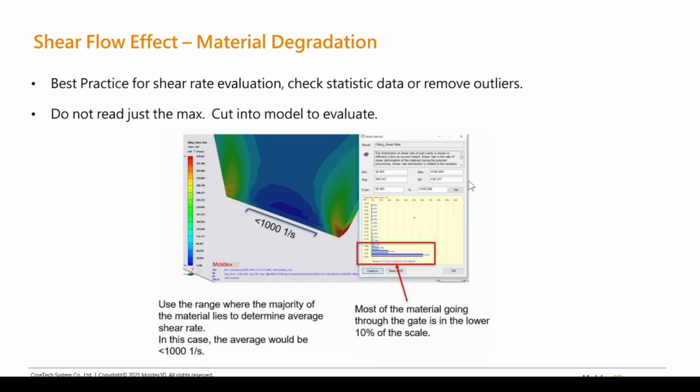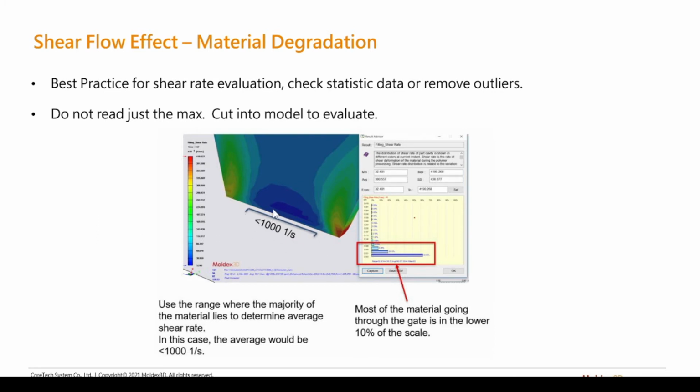But really, what ends up happening is, in most situations, the highest shear rate is actually just towards the sides of the gate, which only a small percentage of the material actually experiences across the thickness of the gate. So really, in this region here, we have about 1,000 inverse seconds. This is a different case than the previous one, just to make everybody aware.